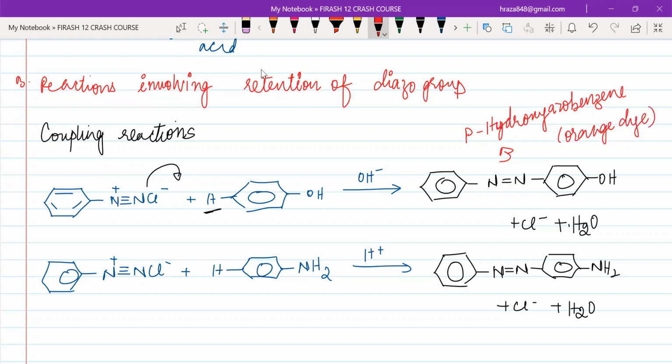And the other has the name amino azobenzene, which is a yellow dye. So here our chapter is complete.